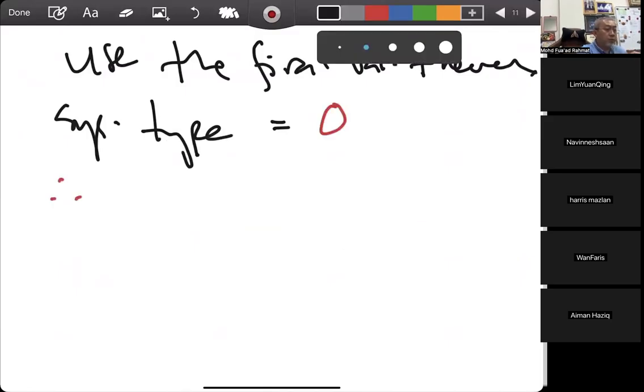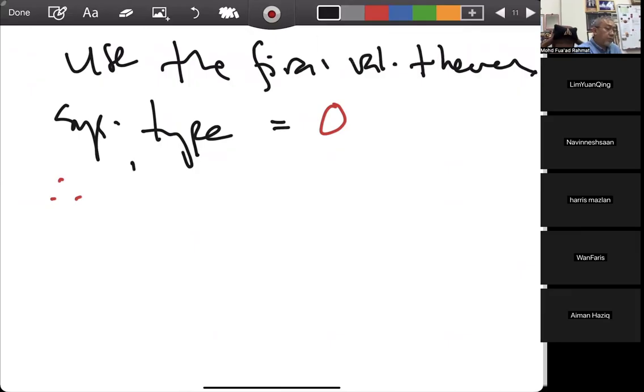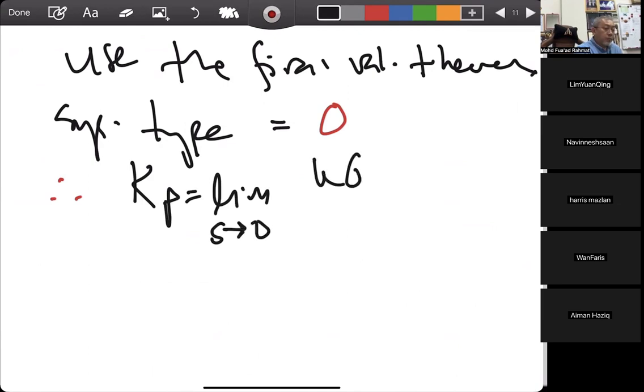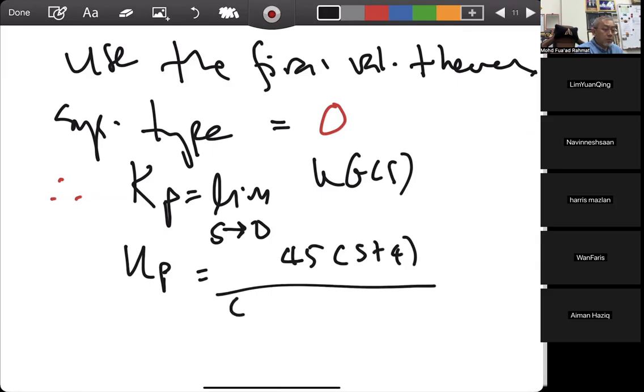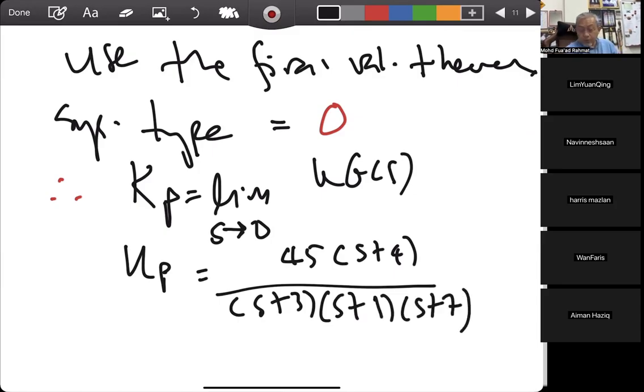So therefore, we use Kp, the limit as S goes to 0 of G(S). Okay, so K is 45, times (S+4) over (S+3)(S+1)(S+7). So what is the Kp value?